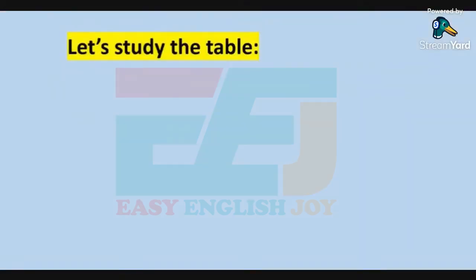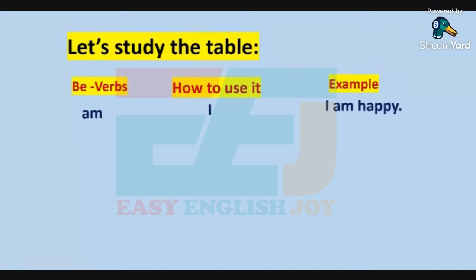Let's study the table. Be verbs, how to use it, example. So we have the be verb am. We use it for I, example, I am happy.